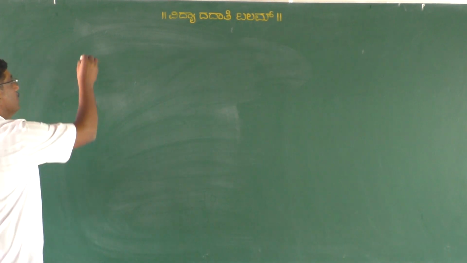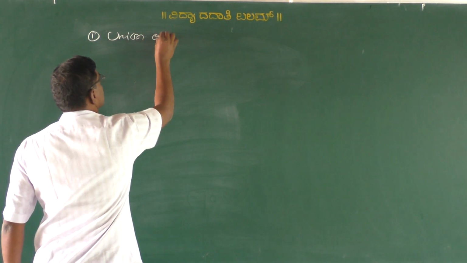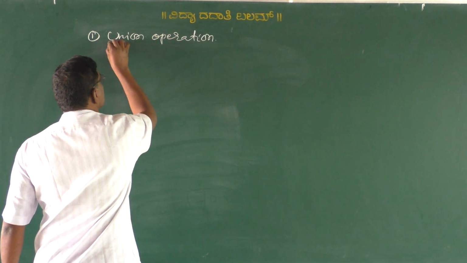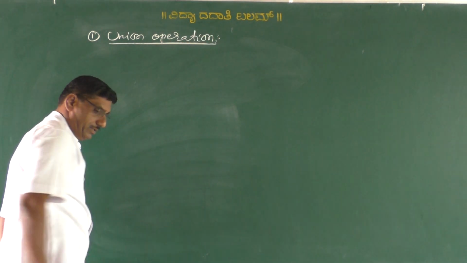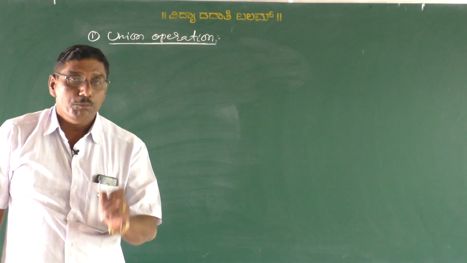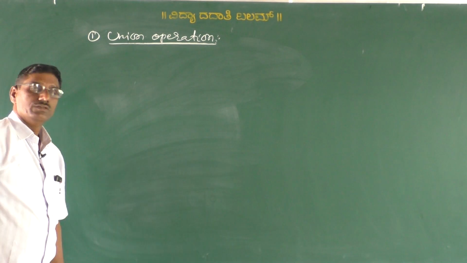The first one is the union operation. Here we can operate the union between two sets.